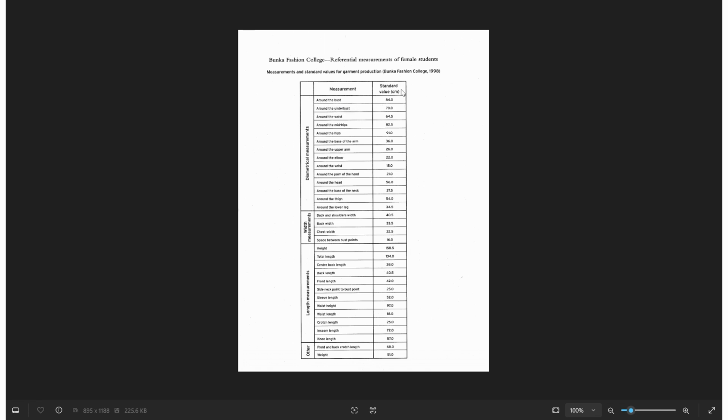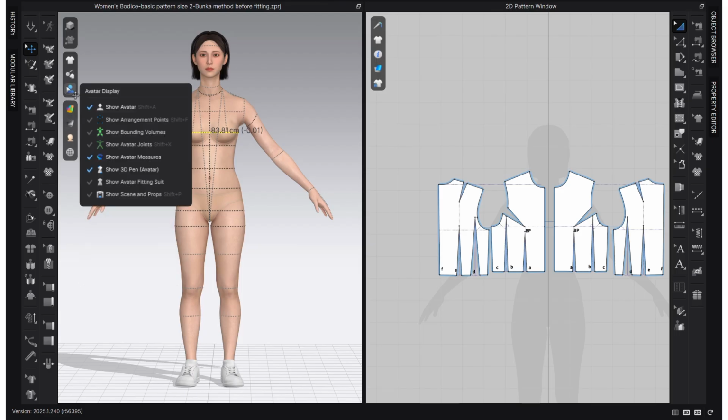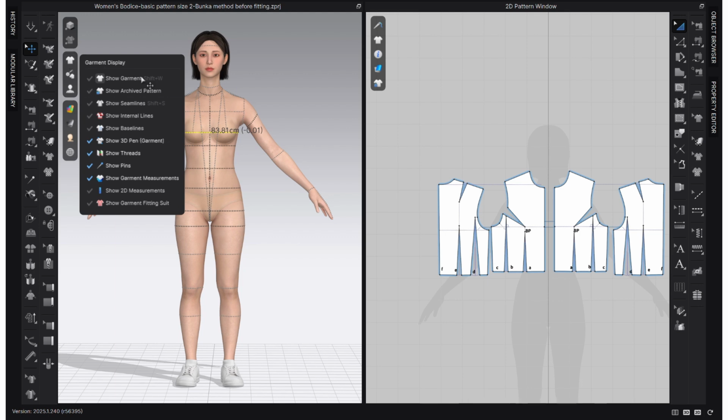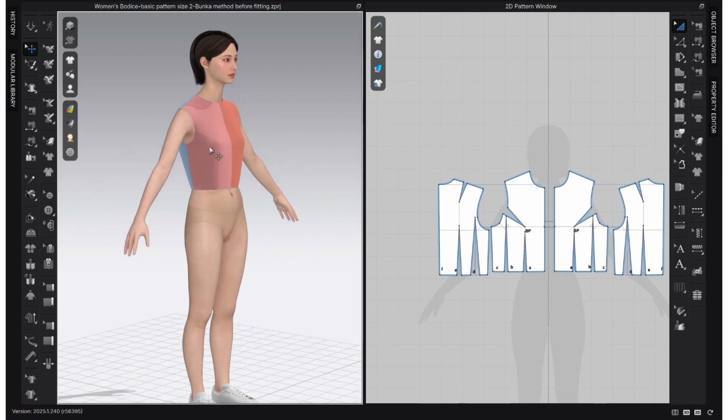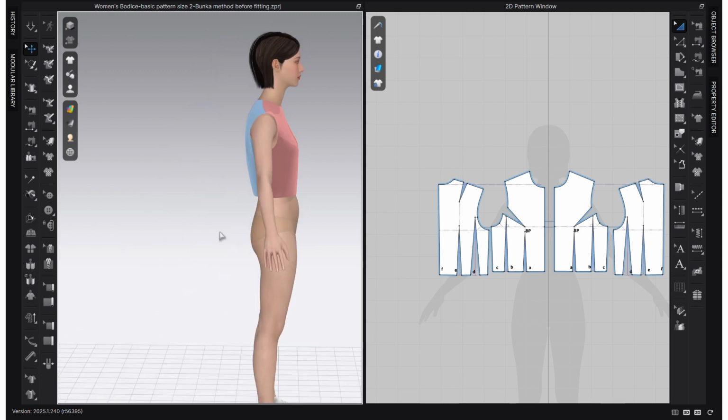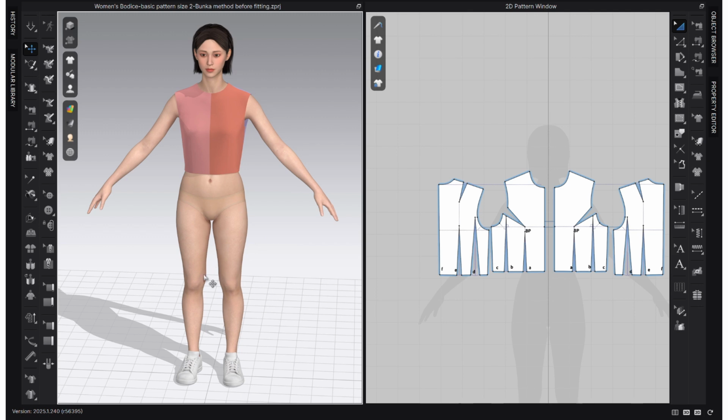As you see, around the bust is 84. So let's bring our bodice and see. As you see in the image, the fit is pretty good. We don't see excess fabric on the chest and the waistline is balanced between front and back.